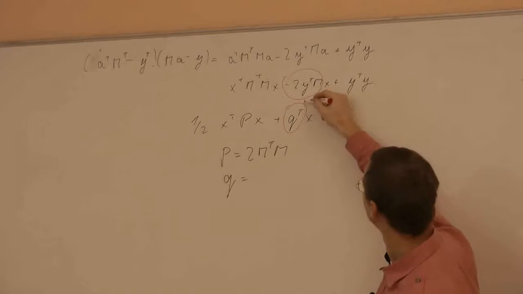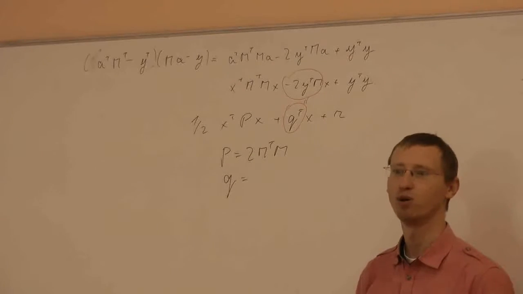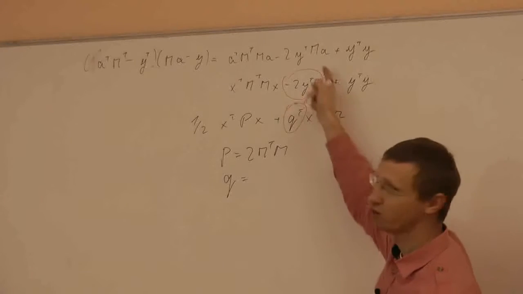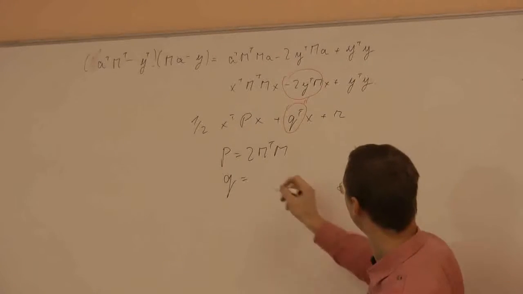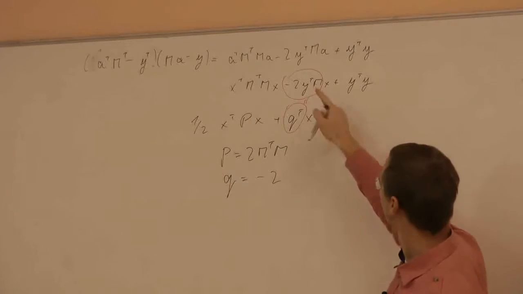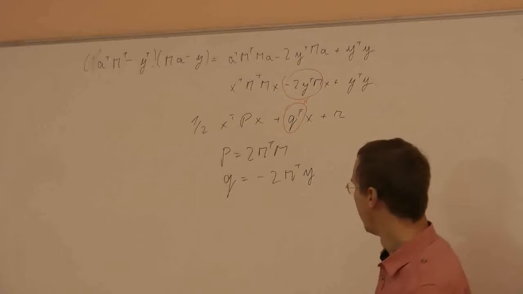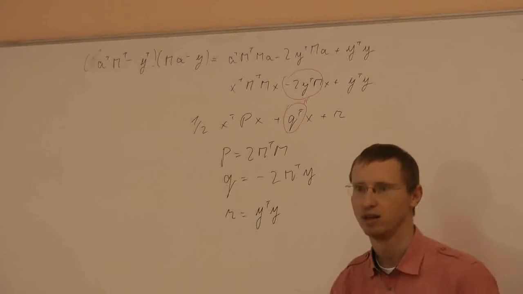Q transpose is this one, but we are not asking for what Q transpose is, but what Q is. Therefore, we have to transpose this whole term. So Q is just minus 2 times M transposed Y. Okay? And R trivially is just Y transposed Y.